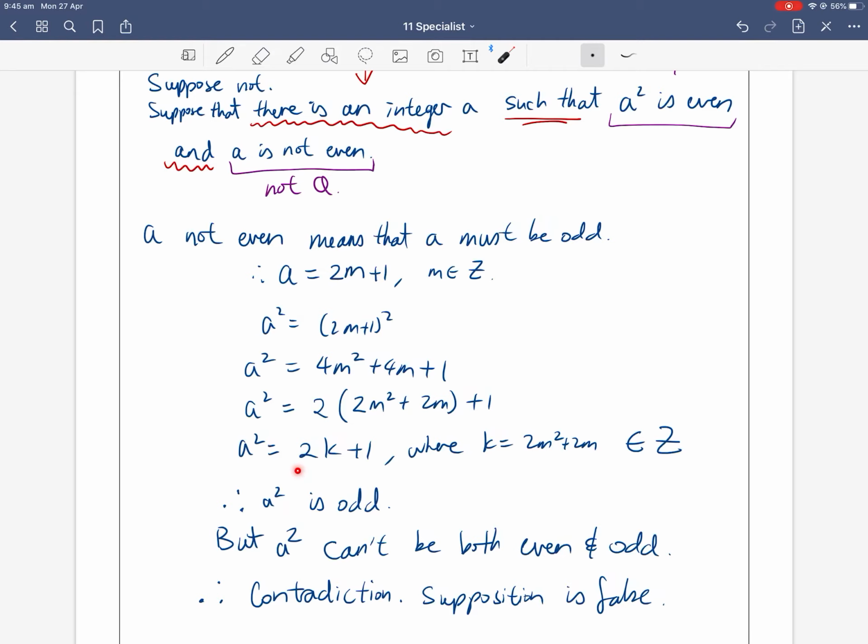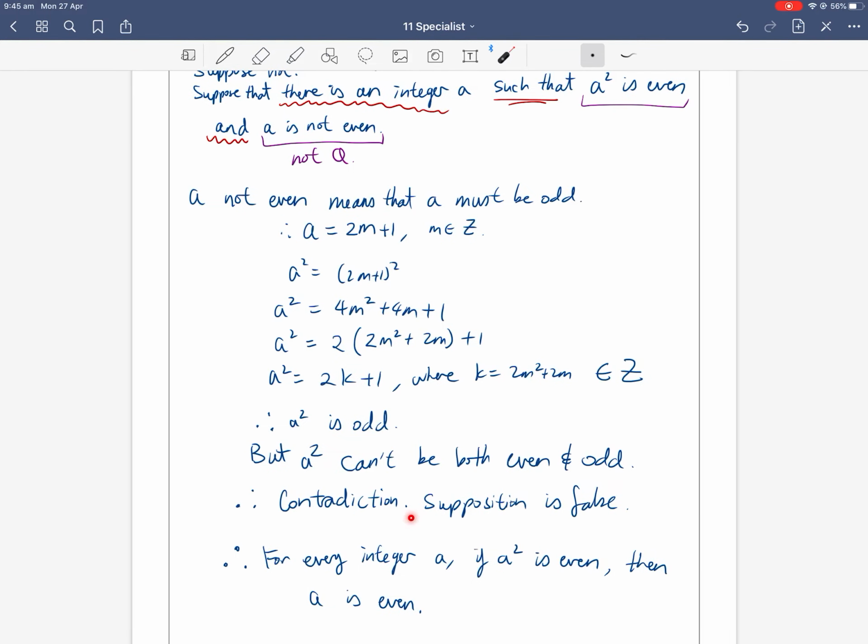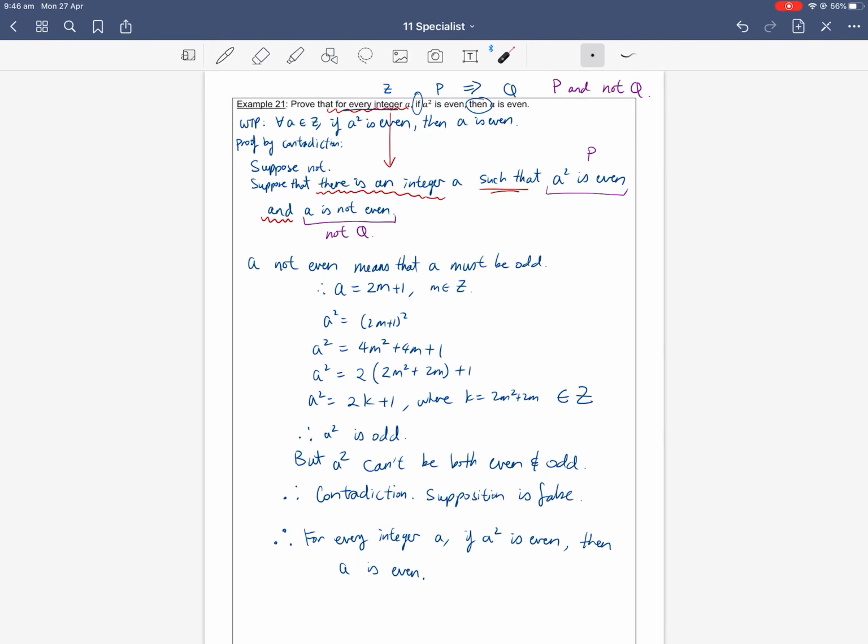But this is a contradiction because we assumed a squared is even, and we have now shown that a squared is odd. So a squared can't be both even and odd. That's impossible. So it means that we have a contradiction. So what we supposed is false, which means this statement of P and not Q is a false statement.